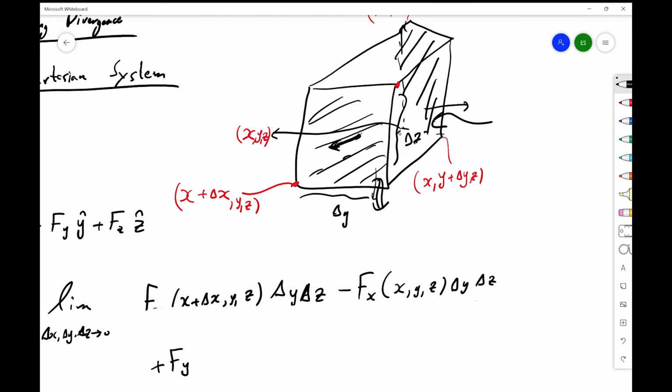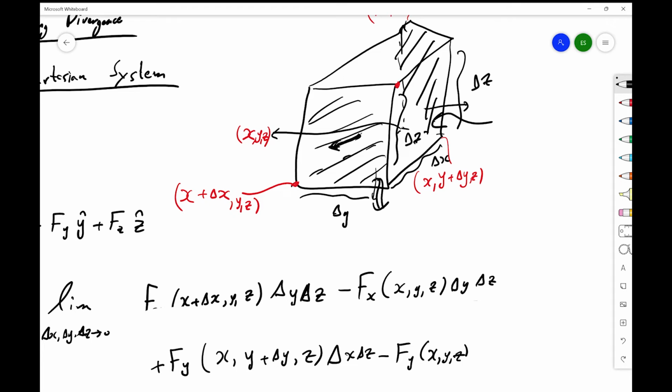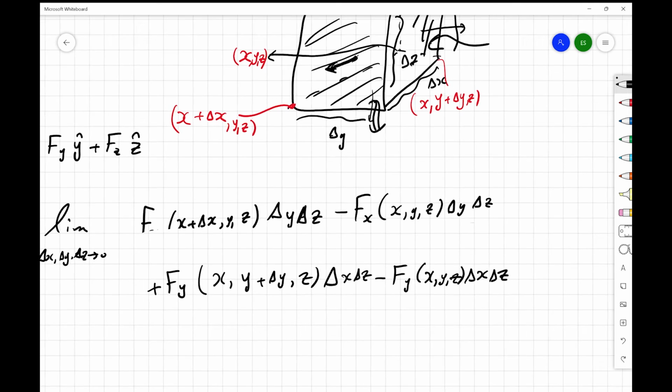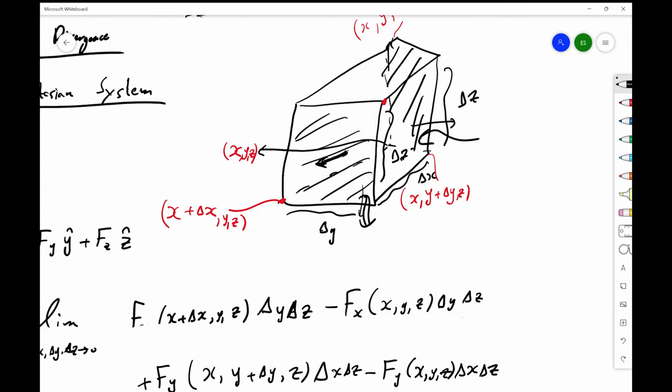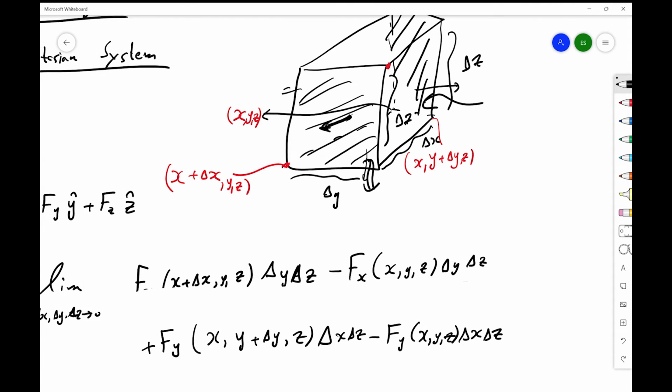This is going to be fy(x, y plus delta y, z) times delta x delta z, minus fy(x, y, z) delta x delta z. And then finally, this is the other surface, the minus the other side.